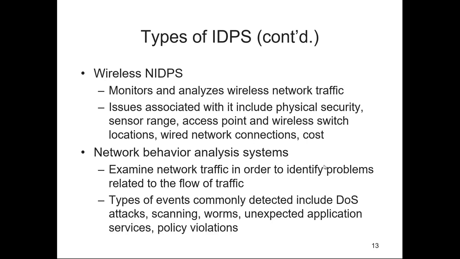The intrusion detection examines network traffic in an effort to identify problems related to the flow of traffic. Some of the events that could be detected through network behavior are denial of service attacks, TCP port scanning, worms, unexpected application services, and policy violations.